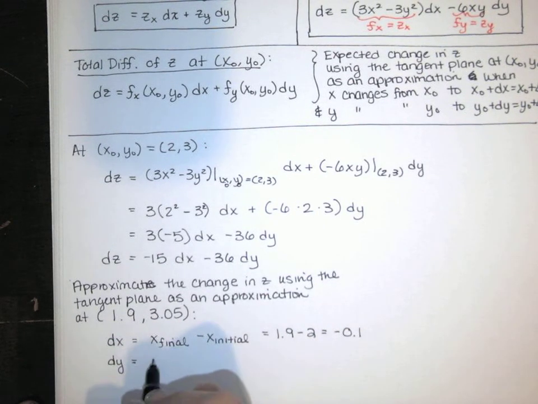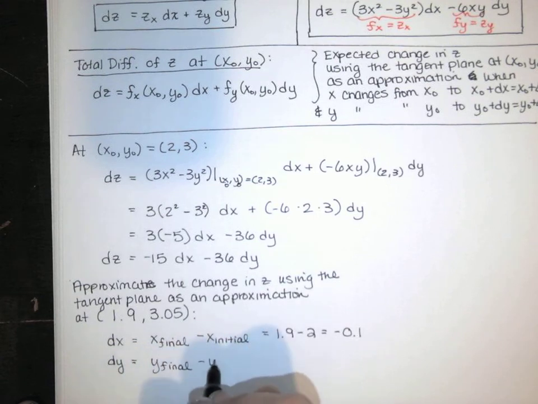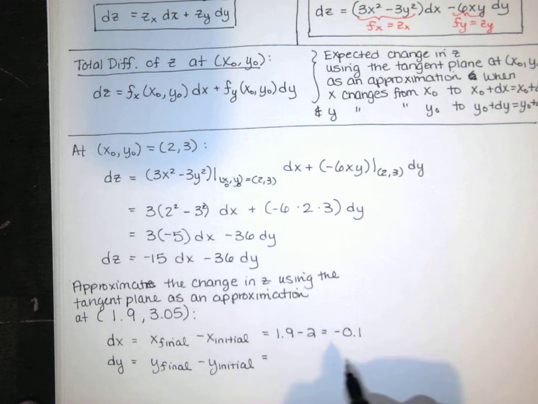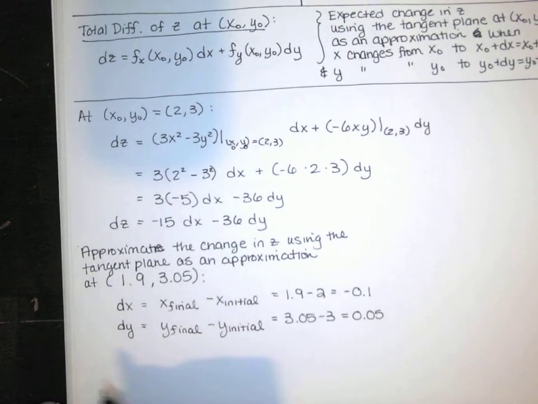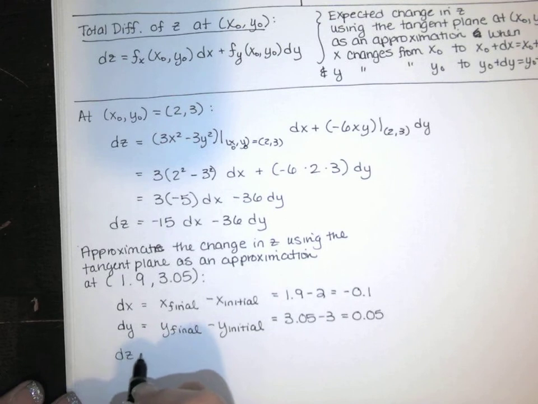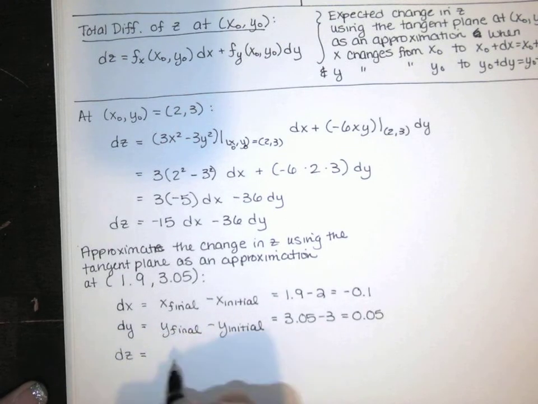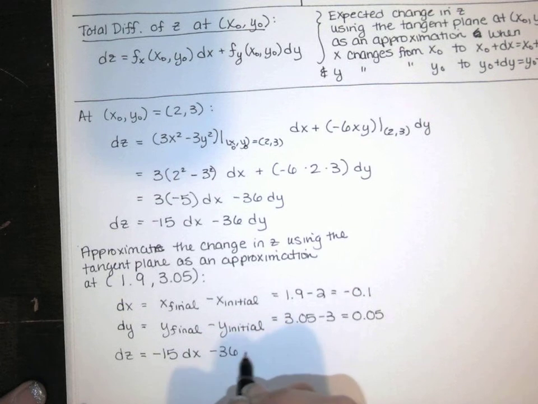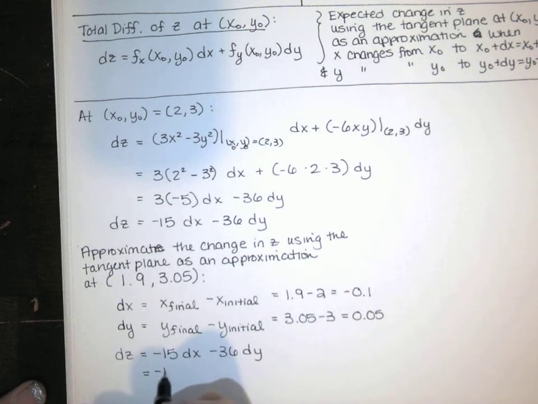And the change in y is just y final minus y initial. Our final y value was 3.05, our initial y value was 3, so y went up by 0.05 units. So using these as our change in x and change in y, our z value would be expected to change by this much. We take negative 15 dx minus 36 dy, and we substitute.